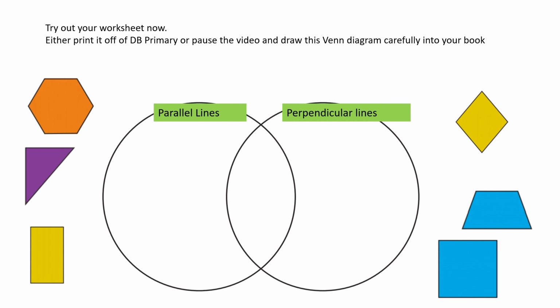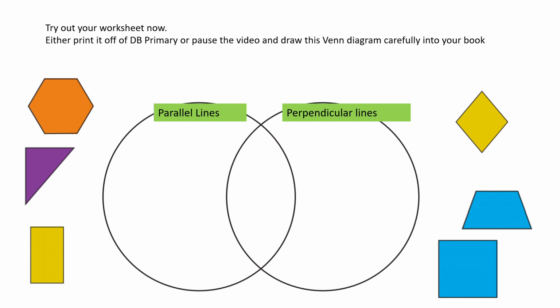Okay, so this one has both parallel lines and perpendicular lines, and therefore I would need to place the rectangle in the middle because it has both properties and therefore it needs to go in this space.